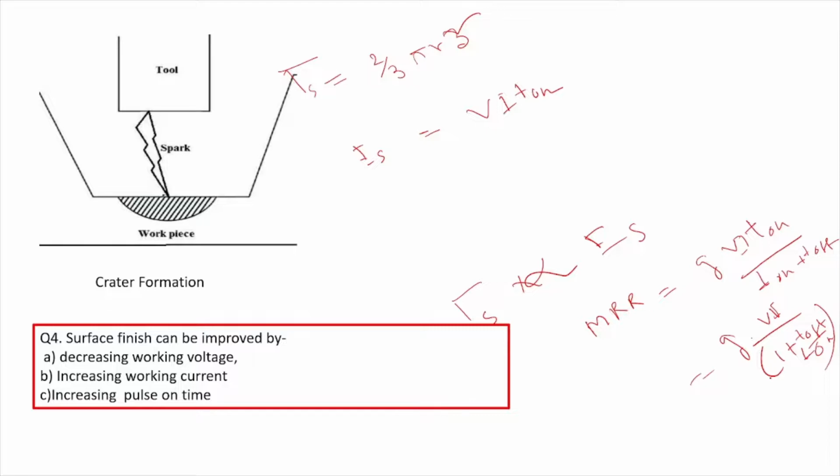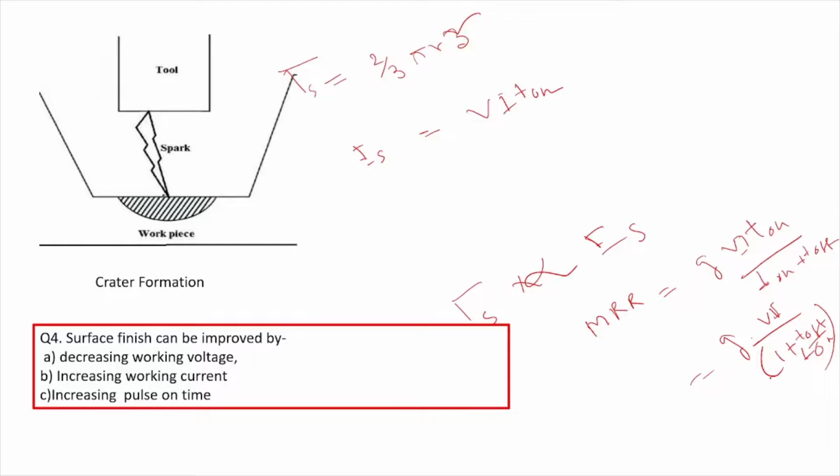So per cycle, we can then calculate. So here one question is there: surface finish can be improved by decreasing working voltage, increasing working current, increasing pulse on time. From the equation of material removal rate, we can say that by decreasing working voltage itself, surface finish can be improved, because MRR is directly proportional to working voltage.